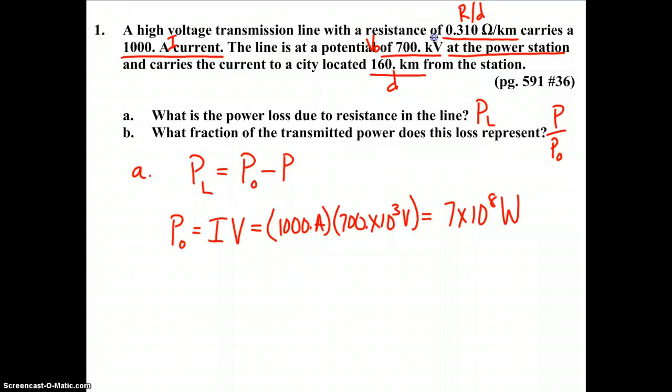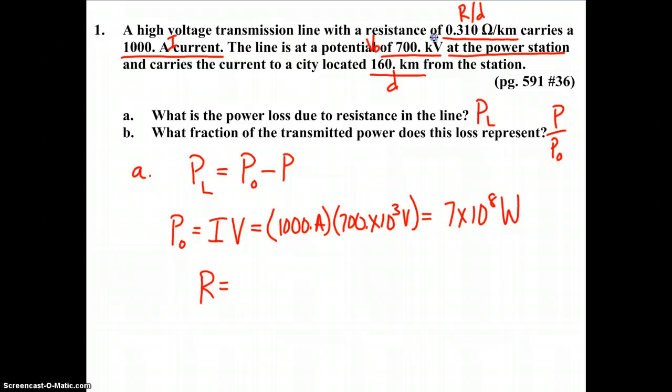But we see that we also are given the resistance of the line is 0.310 ohms per kilometer, and we're told how many kilometers away the city is. So it looks to me like the next step here would be, okay, how much total resistance is in 160 kilometers worth of that line?